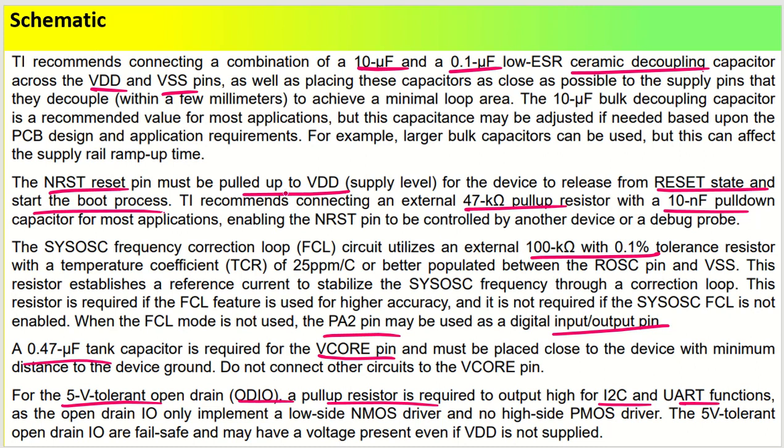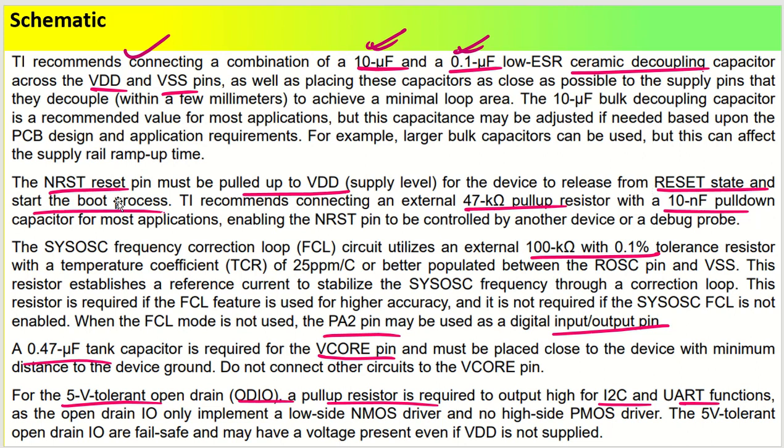So TI recommends connecting a combination of 10 microfarad and 0.1 microfarad low ESR ceramic decoupling capacitors between VDD and VSS. Then the NRST reset pin must be pulled up with the VDD supply, and then we have the reset state, which starts the boot process. So the reset state must be pulled high. Otherwise, it will not let the device start.